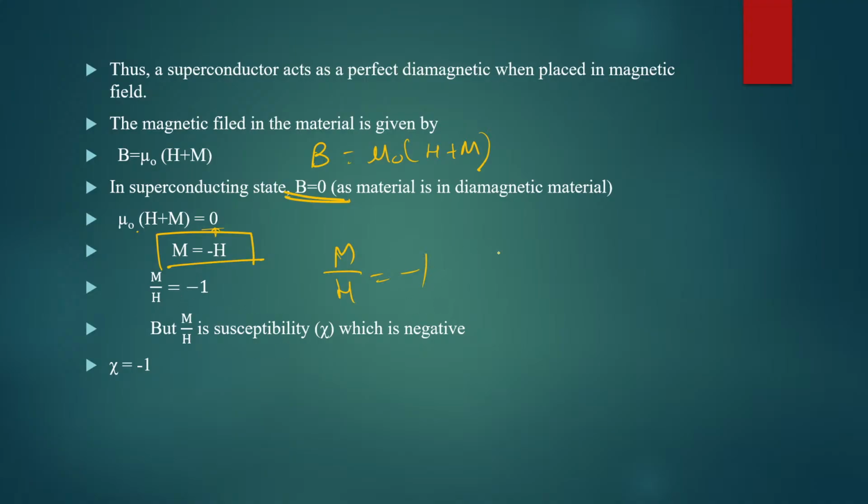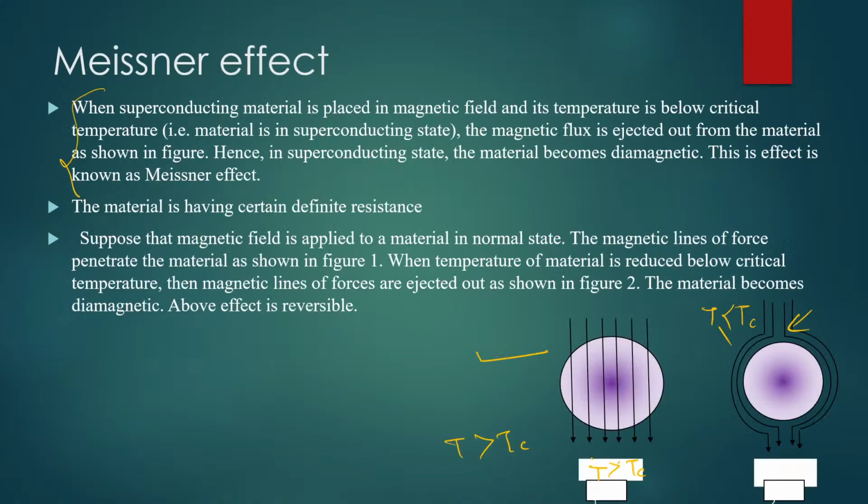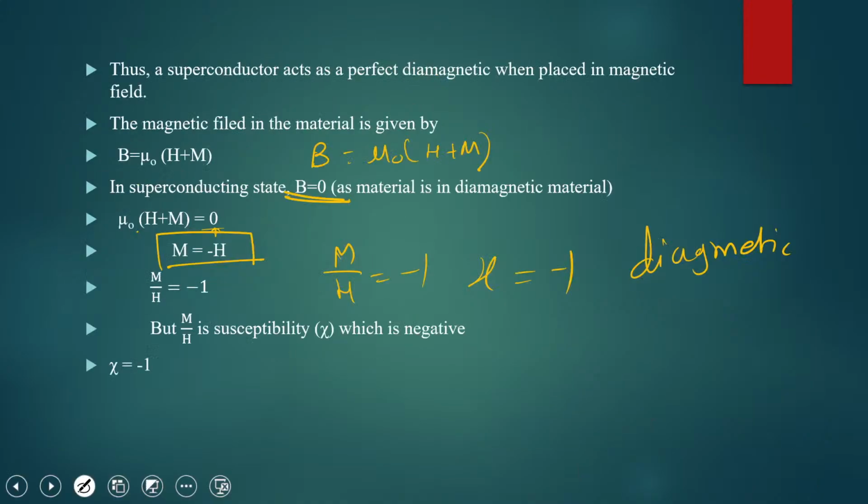M by H is the susceptibility, and susceptibility of minus 1 is the diamagnetic case. So whenever the superconducting material behaves as a diamagnetic material, we call it the Meissner effect. For a 5-mark question, the definition, this figure and these 3 things are enough.